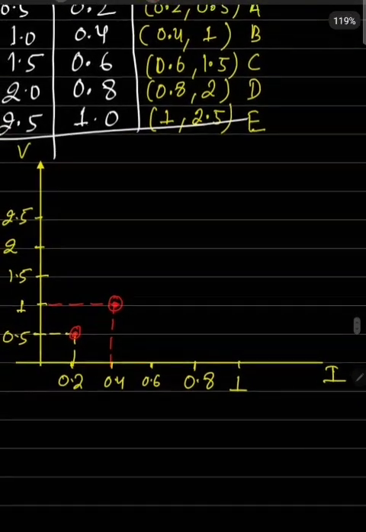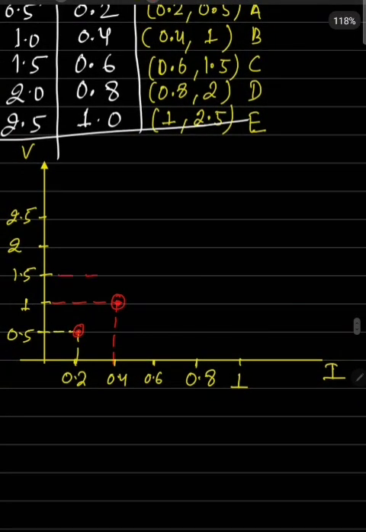Then next point is 0.6 and 1.5, then 0.8 and 2. So this one is 2 volt and there is 0.8.